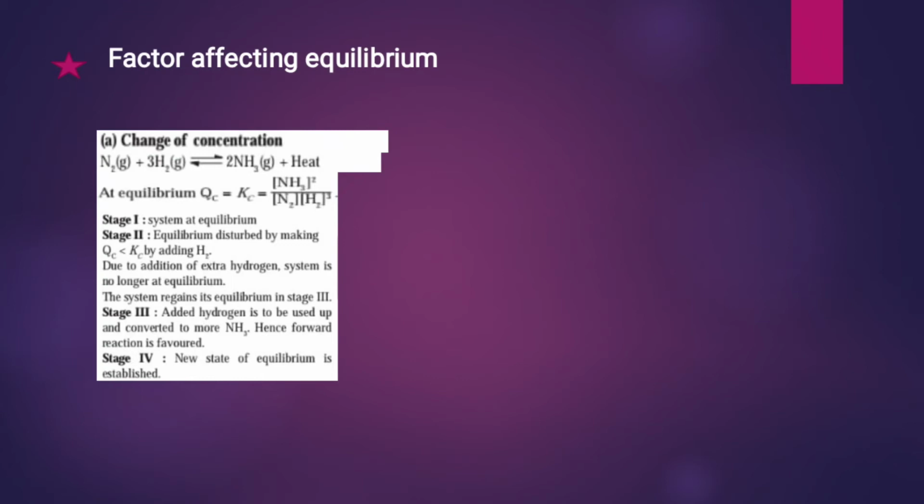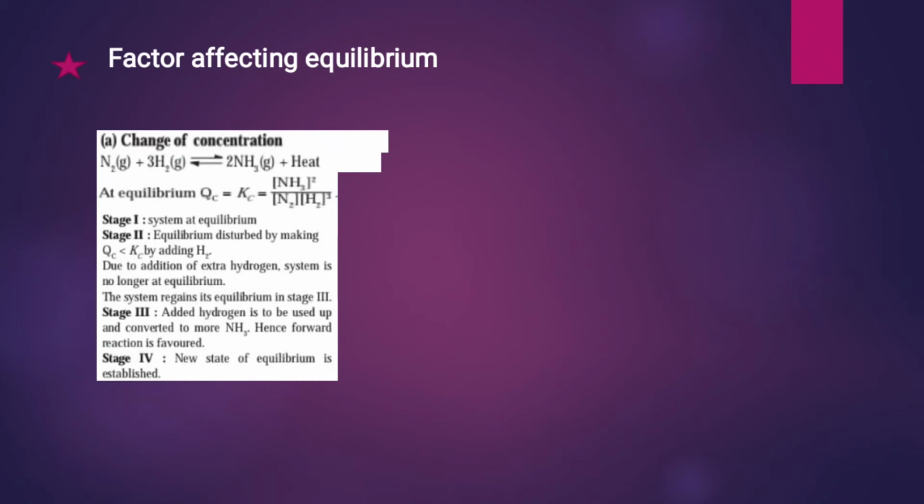Hence, the forward reaction is favored. Here H2 reacts with N2 and gives ammonia, NH3. In the fourth stage, a new state of equilibrium is established and the system responds to restore the equilibrium position.